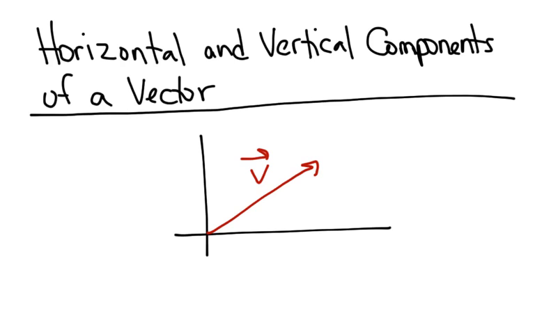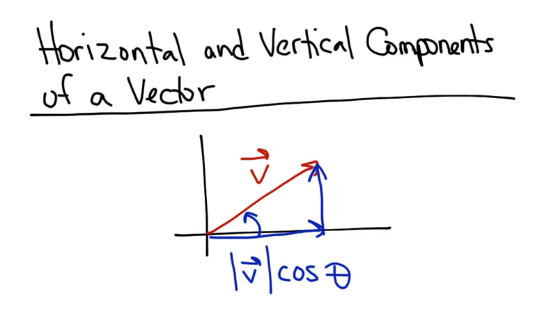If you think about a vector on a coordinate plane, there's going to be this horizontal component. The horizontal component of this vector is going to be the magnitude of the vector times the cosine of theta. Theta is the angle from the horizontal up to the vector. And then there's going to be this vertical component. The vertical component is going to be the magnitude of the vector times the sine of that angle.